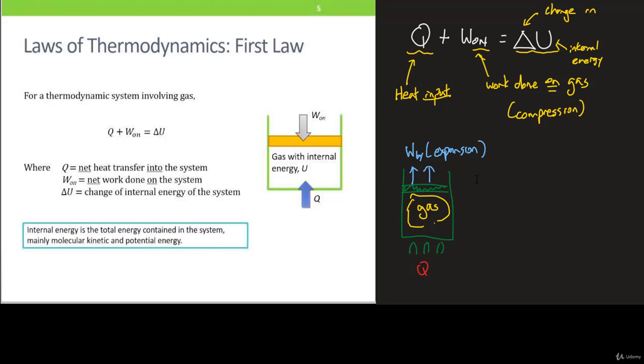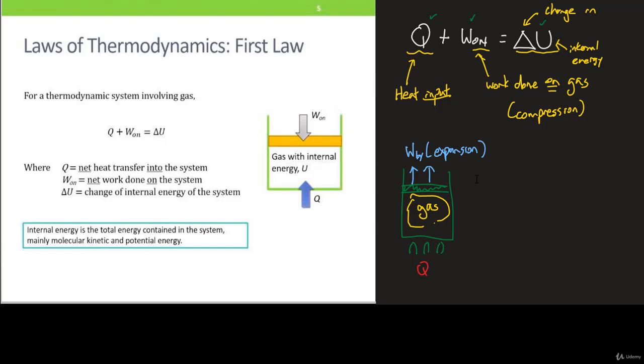So all in all, if you heat up a piston cylinder system, and at the same time you push down the piston, the amount of energy you give to the gas is the change in internal energy.